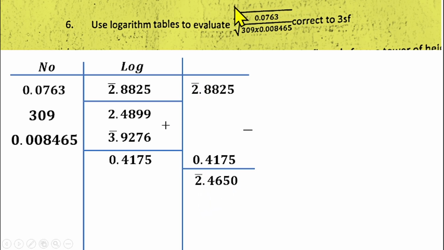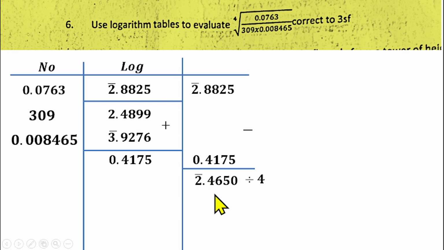Then you now go to the fourth root. You have the fourth root of this answer, so you are going to divide your answer by 4. Because this number has a bar, and 4 cannot go into bar 2 directly, you need to improvise by changing this bar 2 into two numbers you can add together to give bar 2.